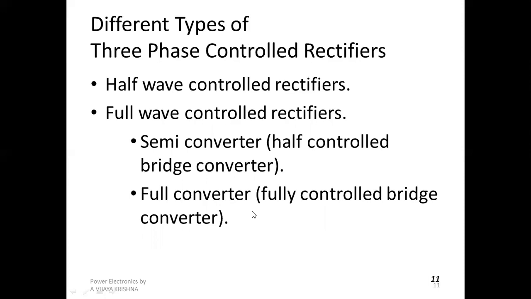Single phase supply has fewer applications. For domestic purposes we get single phase AC supplies and AC to DC converters, but most applications come under the three phase control rectifiers.